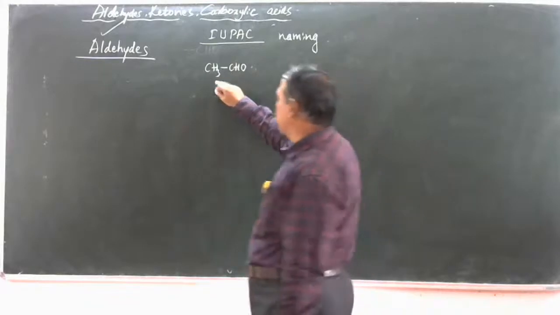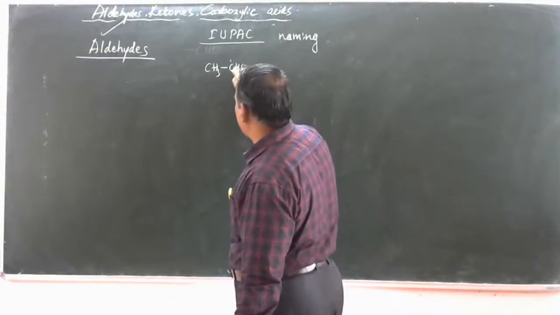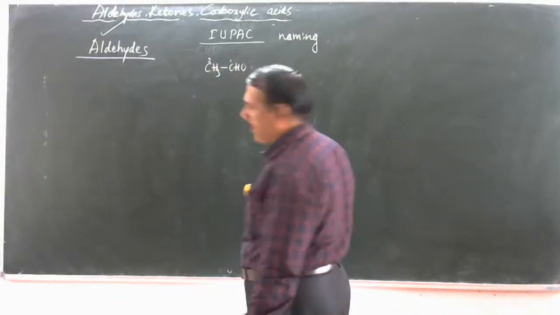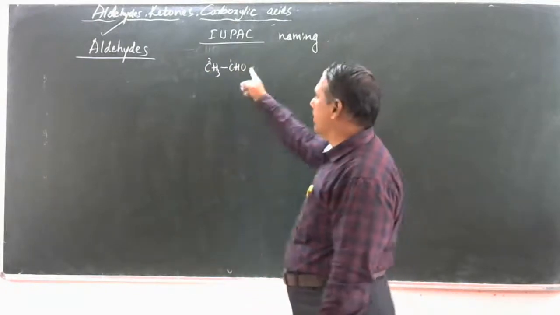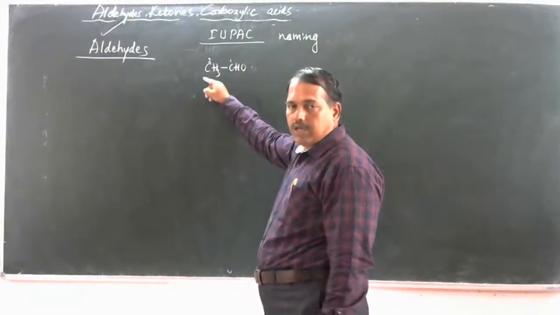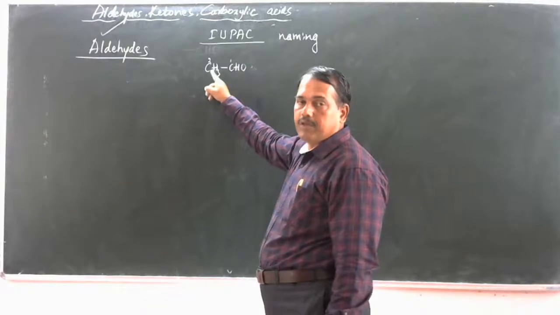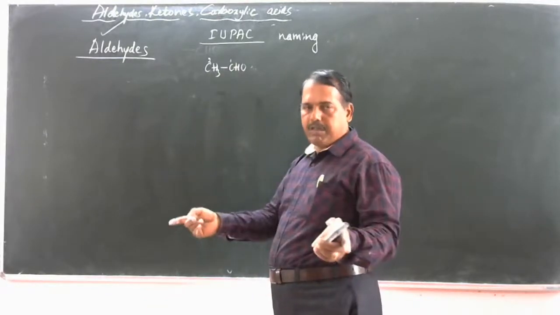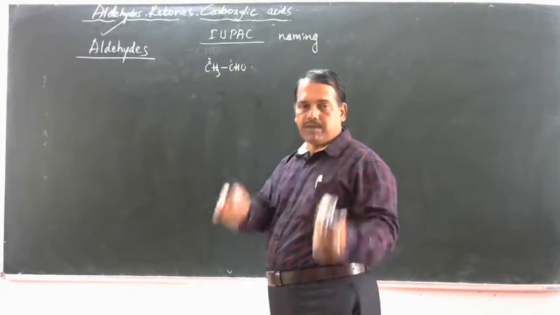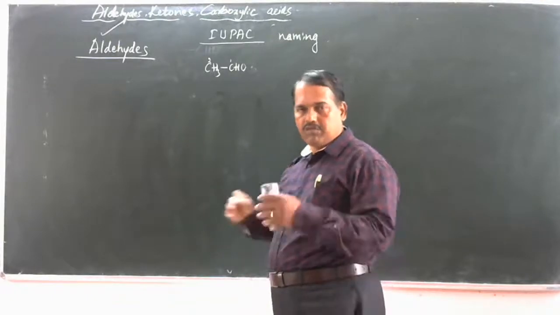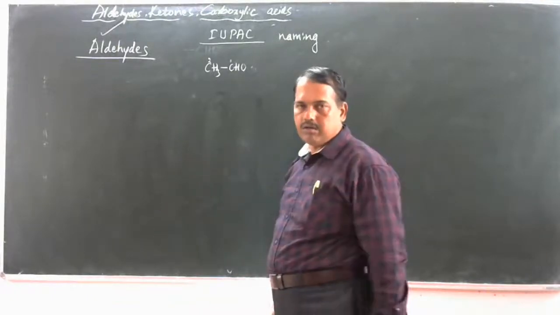How many carbon atoms are there? Two carbon atoms, one in the functional group and another in the parent chain. So therefore, its name is ethane, and the ending E is replaced by the suffix al. It is called aldehyde. Are you clear?